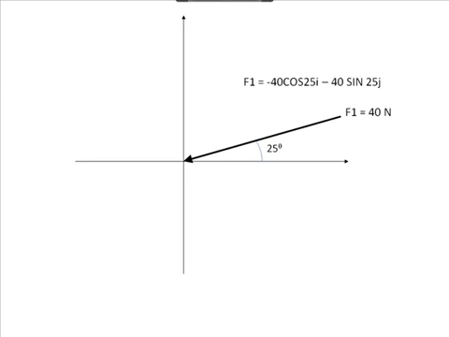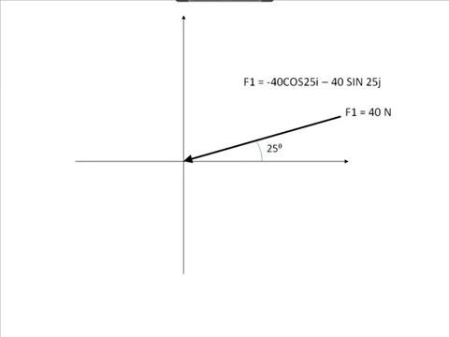Understand the method of resolution which I am proposing. We will always take the angle with x-axis, the smaller angle. If you do 180 minus 25, that is also an inclination with x-axis, but we will take the smaller angle with x-axis, that is 25 degree. If we do that, then the x component is always cos and the y component is always sin.